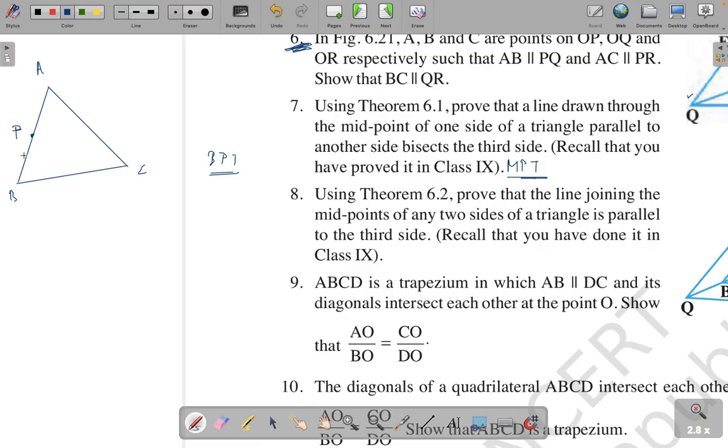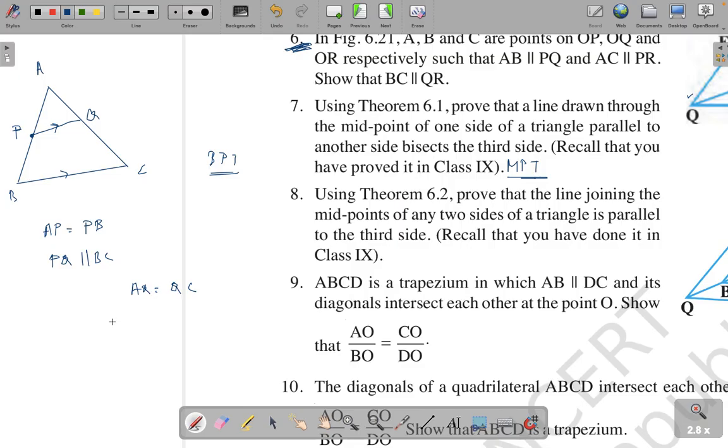So you have put a point P, which is the midpoint of AB, and then drawn a line parallel to BC. So you have to prove that, say this is Q. So it is given that AP is equal to PB and PQ is parallel to BC. These two things are given. You have to prove that AQ is equal to QC.